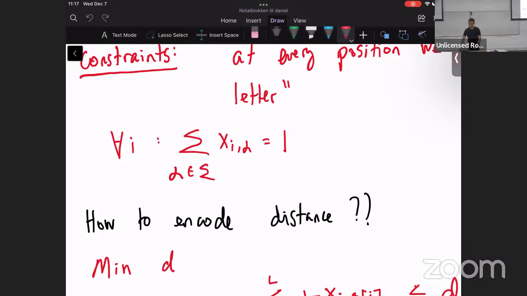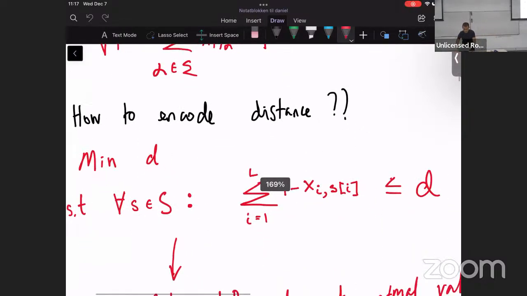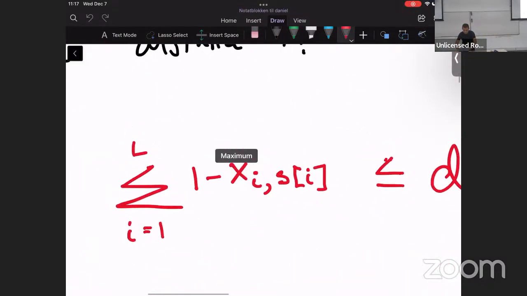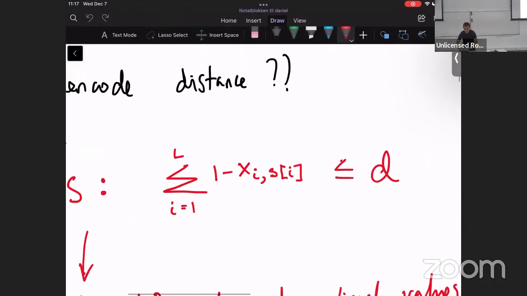So in particular, the distance from the center string to s is nothing but the sum over all positions i of 1 minus the indicator of whether the center string was set to the character of s at position i. Yeah, you pay 1 unless you set the center string to just the right character.